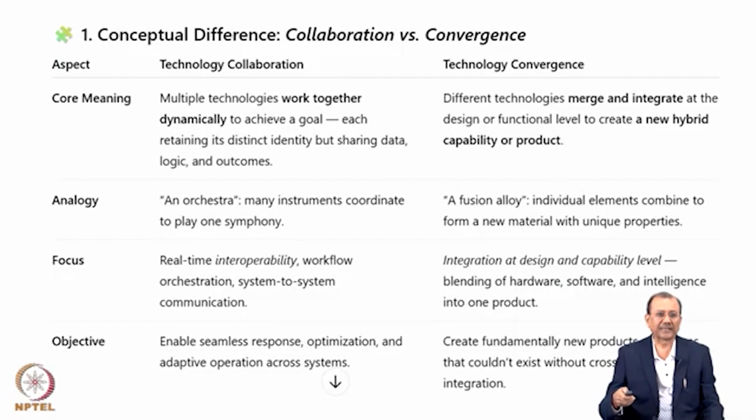So with this, I would like to come to the end of this. If we compare technology collaboration and technology convergence, the difference is a minor one. In technology collaboration, multiple technologies work together dynamically to achieve a goal. And in convergence, technologies are merged and integrated.